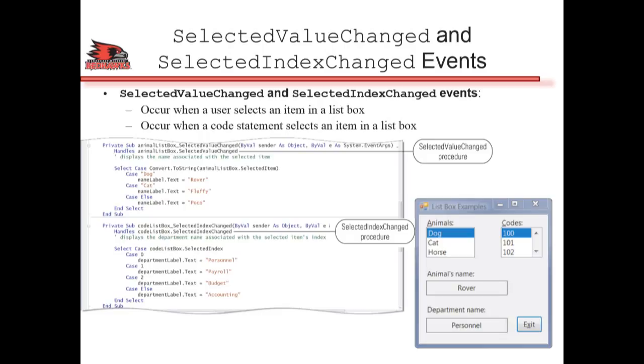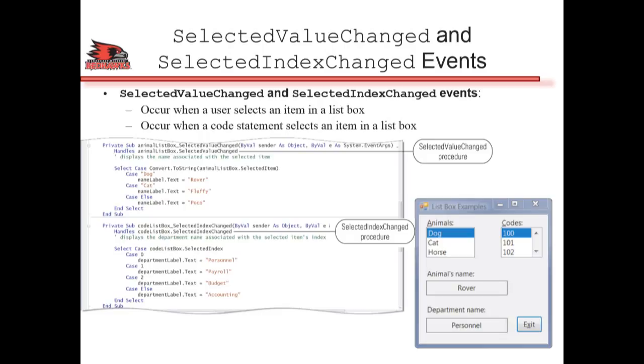Here the code does this. Whenever a value is changed, the top event procedure looks at the current selected item using the Select Case structure. The Select Case on the converted string of animal list box dot selected item looks at what is now the selected item.